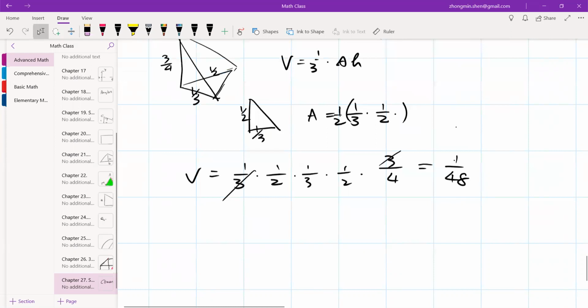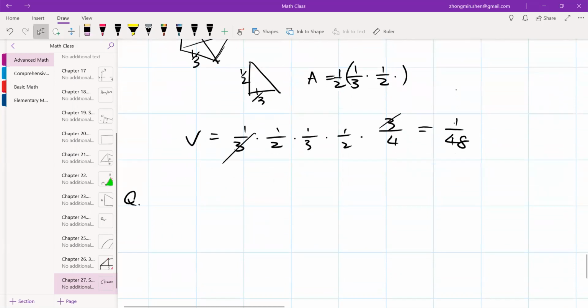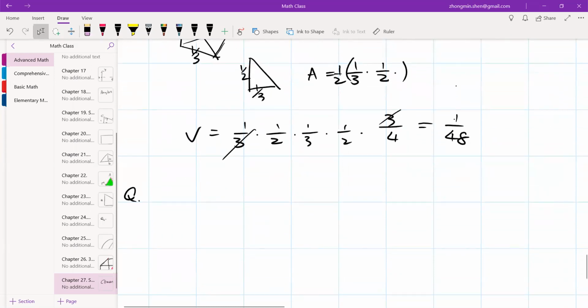Now we still have a couple more problems in this same form. All right, the next problem is, this time I'm going to use 4 identical equilateral triangles to form the pyramid.